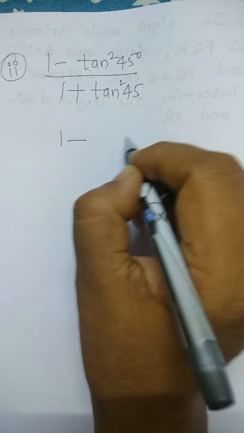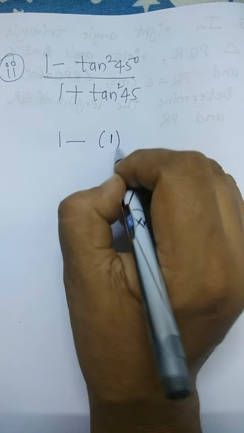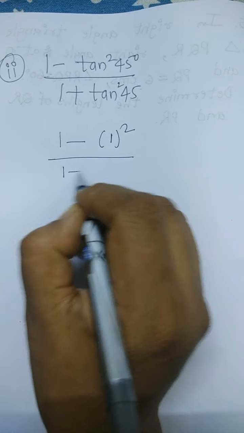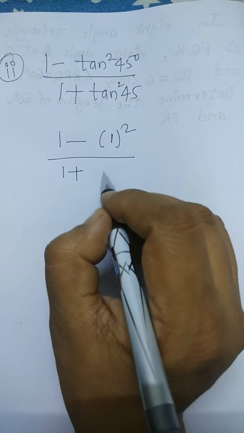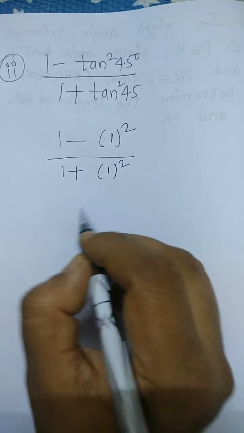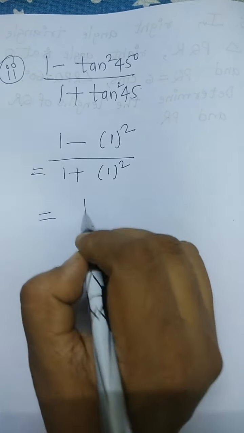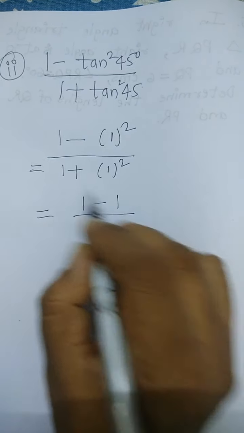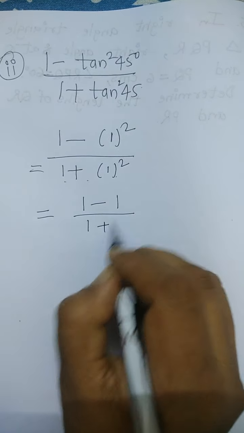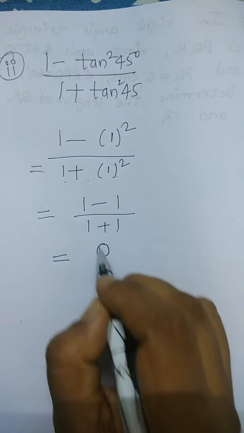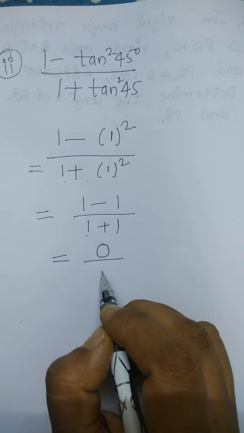From the same bit, second question is (1 minus tan square 45 degree) upon (1 plus tan square 45 degree). Here tan 45 is 1, so 1 minus 1 square upon 1 plus 1 square. 1 minus 1 is 0, 1 plus 1 is 2.